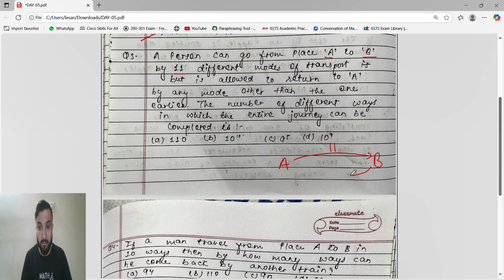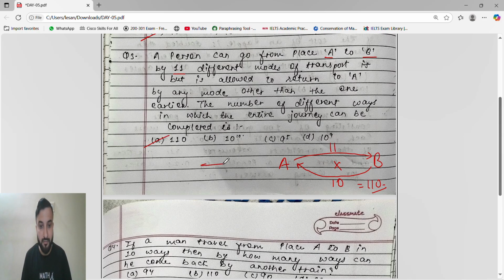So you can come back to A by any other mode, but you will not use the earlier one. The possibility is 10. The number of different ways in which the entire journey can be completed. So it will go by 11 and, means multiply, it will come by 10. 11 × 10 is 110. The answer is 110.